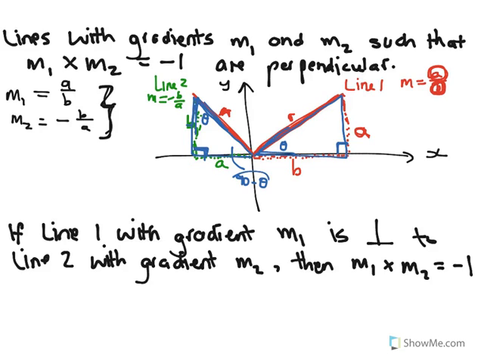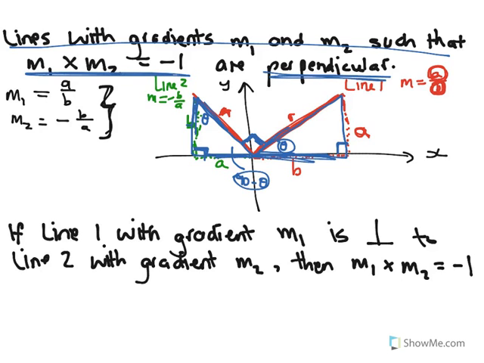And 90 minus theta plus theta is 90. And since this is a straight line angle, that would mean that this angle over here must be 90 degrees. So we've shown that those two lines must be perpendicular, right? So that means that if we have two lines and we know that the product of their gradients is -1, we also know then that they're perpendicular.